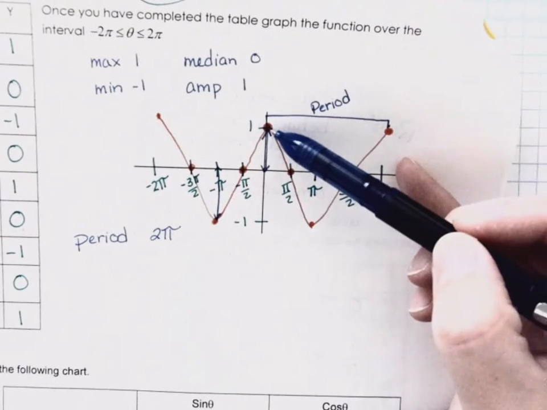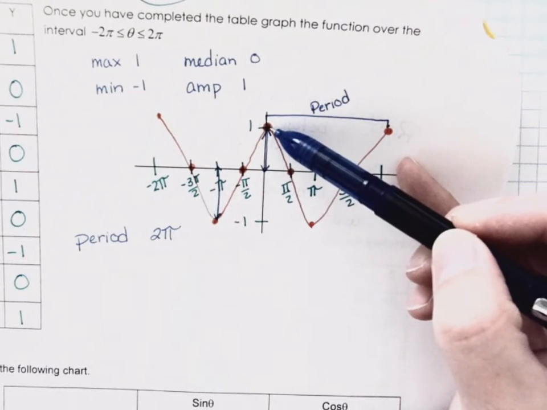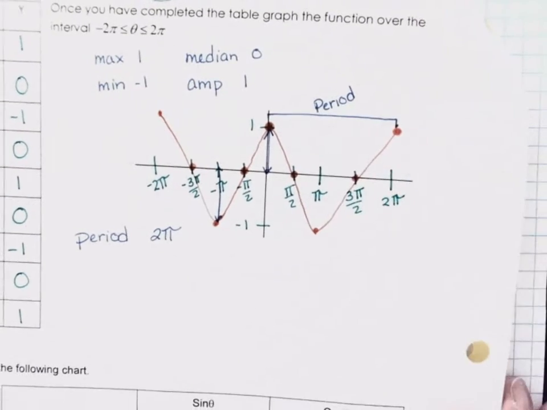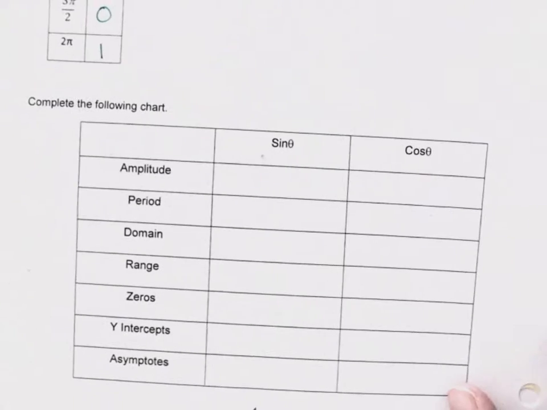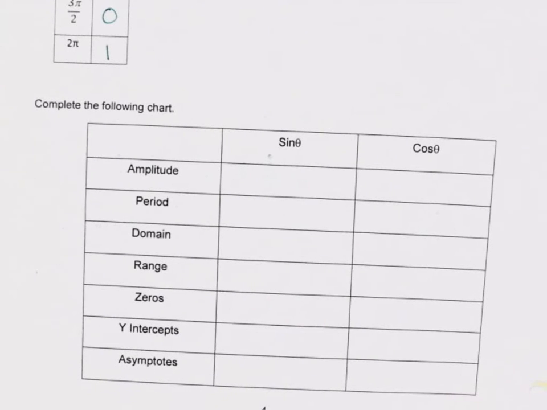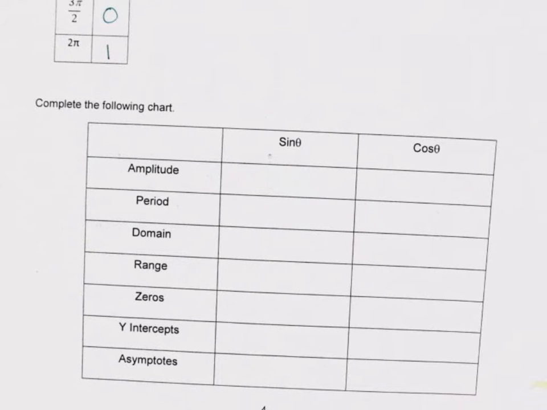Where does your cosine graph start? At 0, 1, so it starts at a maximum. This is going to be important because you're going to create equations for these graphs in future lessons. These are your basic graphs, because we're going to do transformations of them.